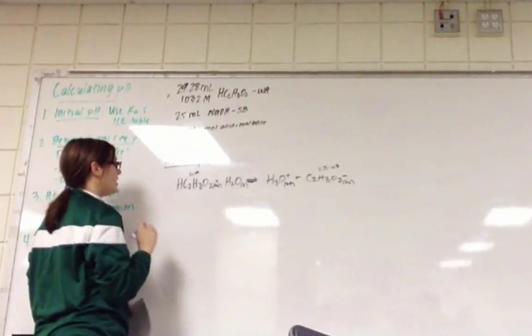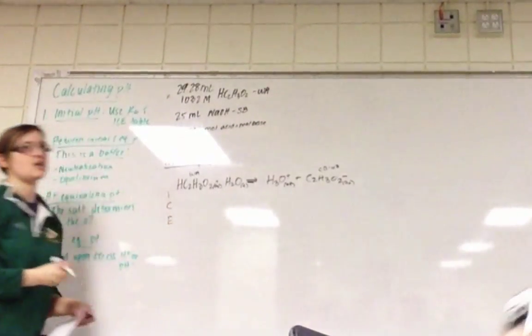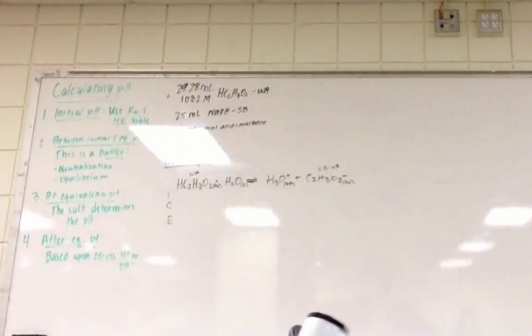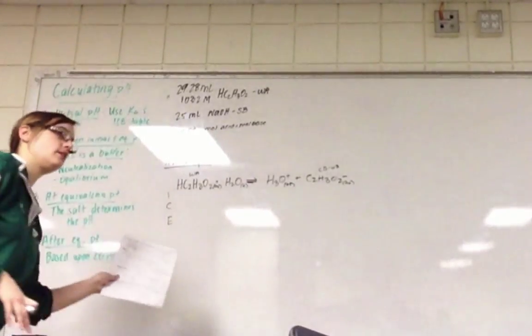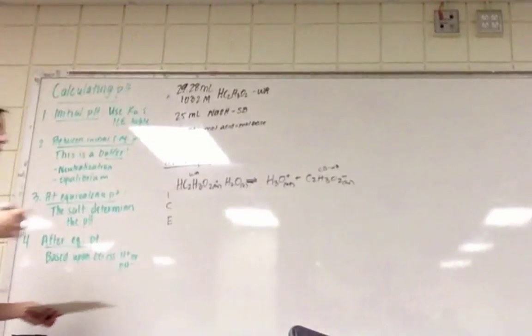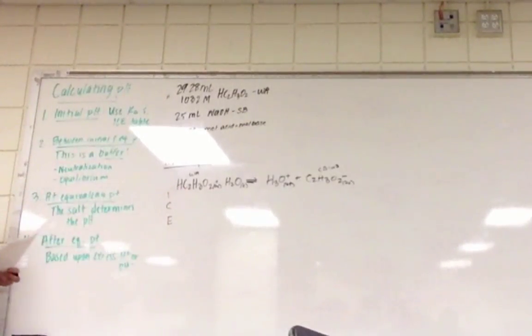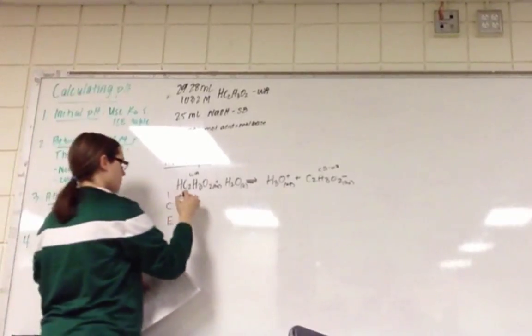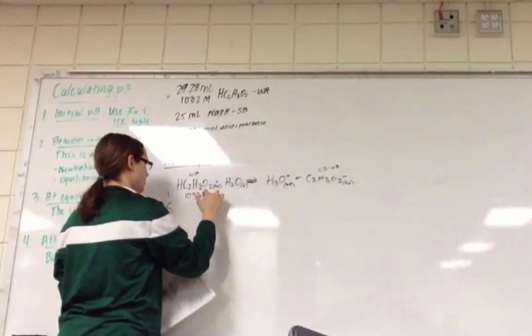So if I need to find the initial pH of this, just like before, you use an ICE table. Initial pH of a weak acid, we need to find our H+, but it doesn't ionize completely, so we have to look at it at equilibrium. What's my initial concentration of my acetic acid? 0.1032.